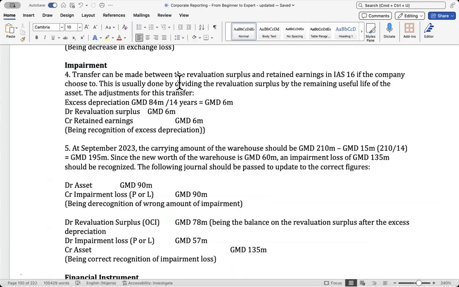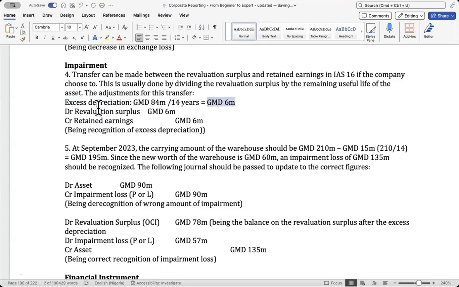So this is usually done by dividing the revaluation surplus by the remaining useful life of the asset. So the adjustment for this transfer, I call it excess depreciation. That's what we call it. So I just took the surplus divided by the remaining useful life of these assets, which is 14 years. So I got 6 million.